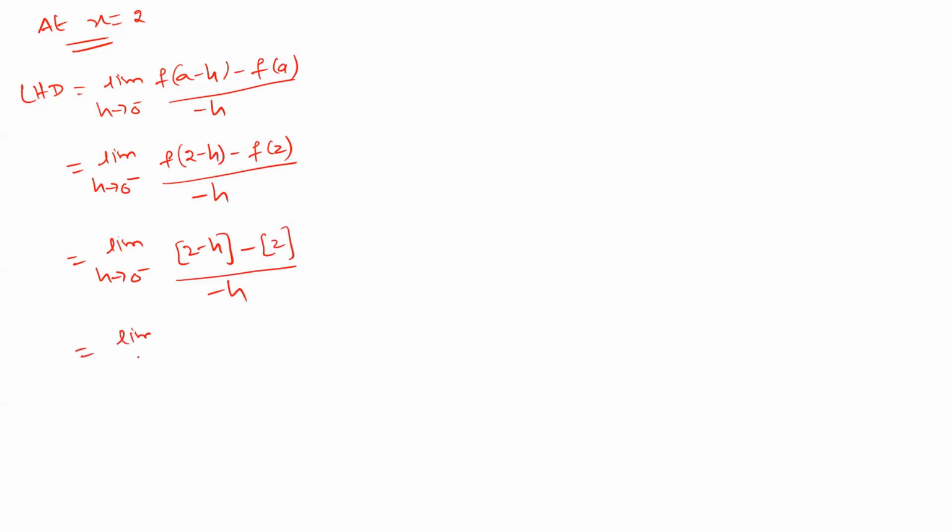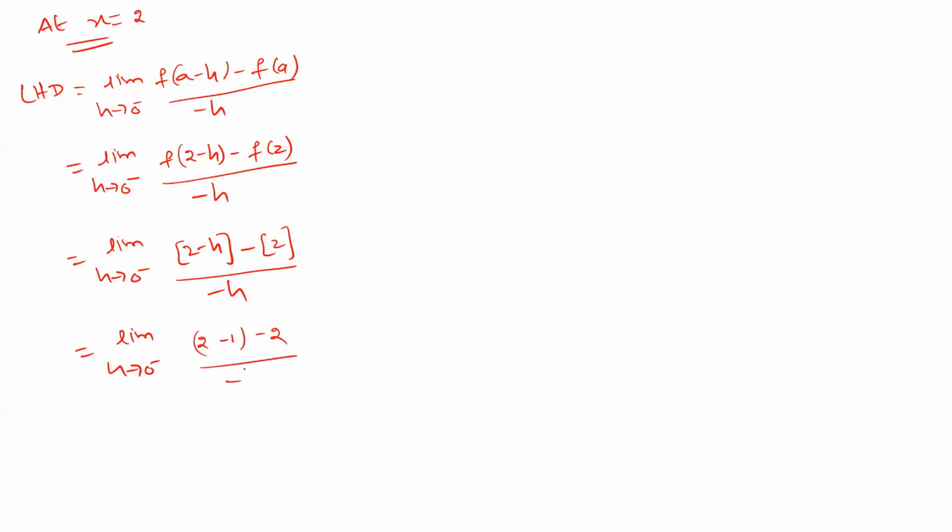So limit h tends to 0 minus. The greatest integer function of 2 minus h is 2 minus 1. So 2 minus 1 we will get here, and this is minus 2, divided by minus h.